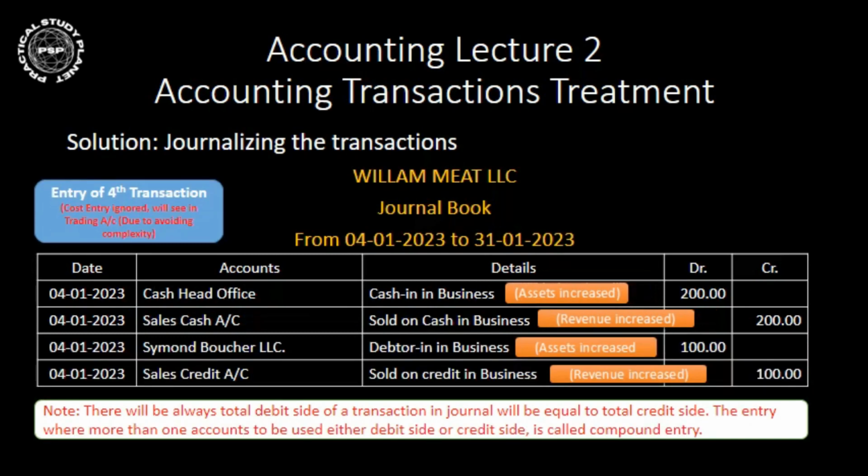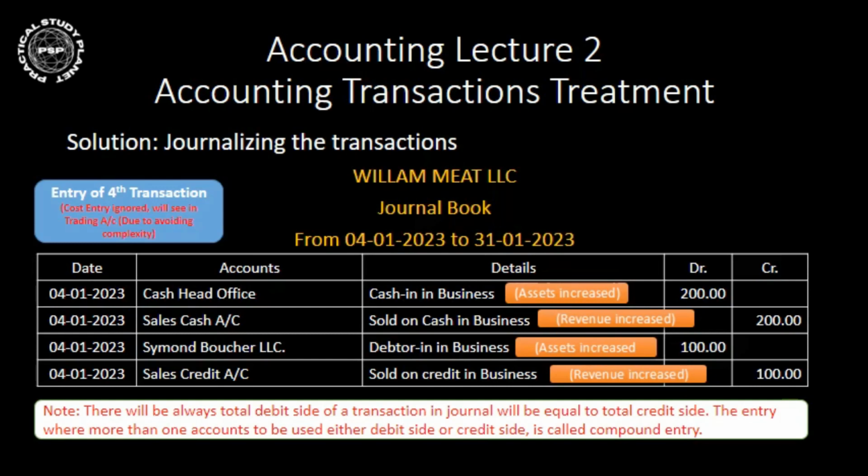Fourth transaction: now William is selling goods, cash 200, so the cash sale will be 200. Sales is revenue, it will increase, so it will be written on the credit side. And Simon Butcher LLC, with 100 balance not paying right now, will be a debtor. A debtor is an asset of the company.